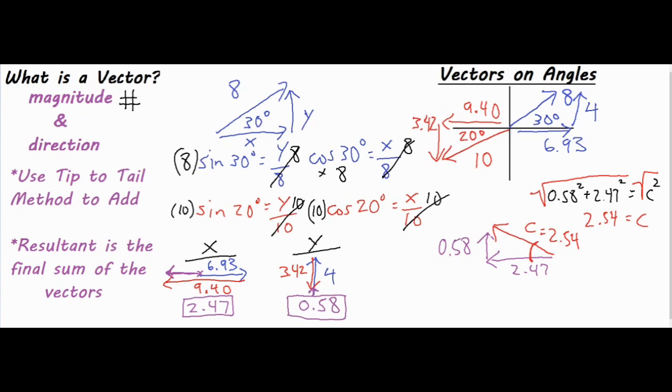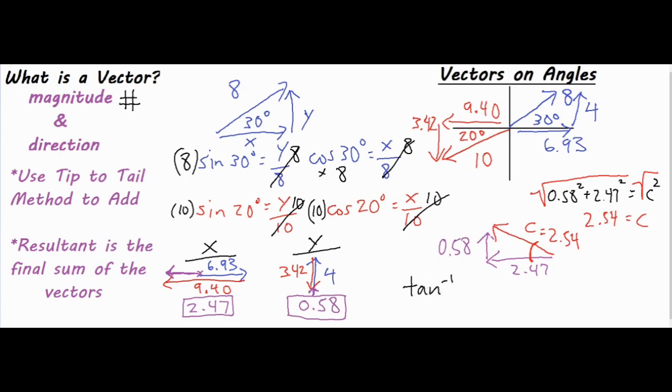And anytime you have angles and a side, then you just use trig functions to find other sides. Anytime you have sides and you want an angle, what you do is use inverse trig functions. So we could use inverse sine, inverse cosine, or inverse of tangent. Any of those are fine. I'm just going to choose to use the inverse of tangent.